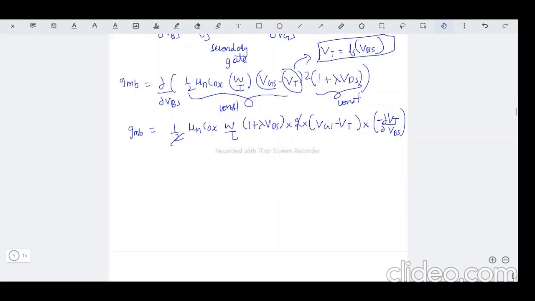If I clearly see, this is nothing but the expression for μn Cox W by L into (VGS minus VT) times (1 plus λ VDS). This is nothing but the expression for gm.